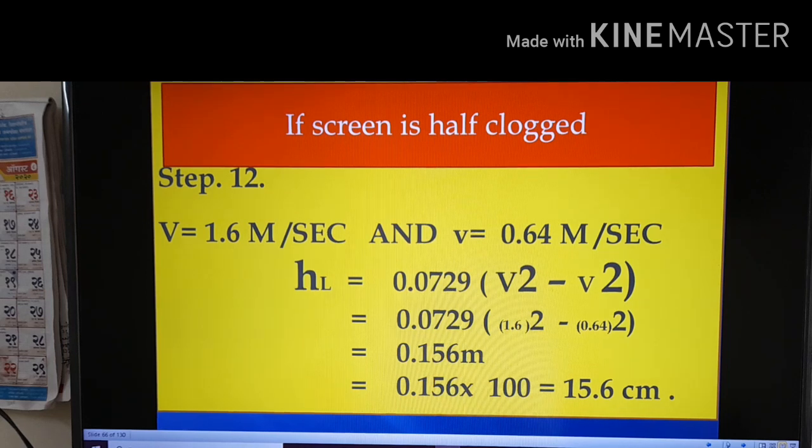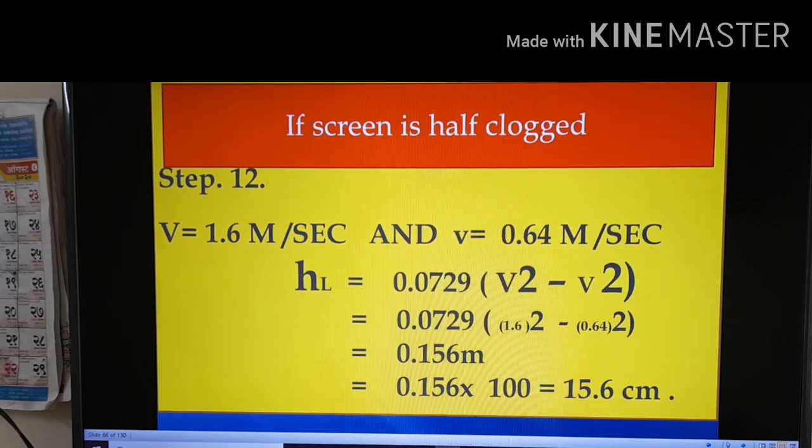Therefore again we have to convert the value of meter into centimeter. Therefore HL is equal to 0.156 multiplied by 100. Then you get the value, that is 15.6 centimeter.